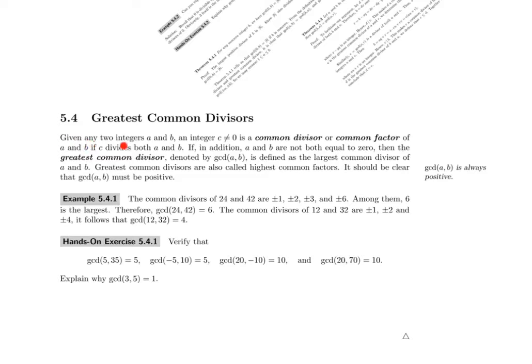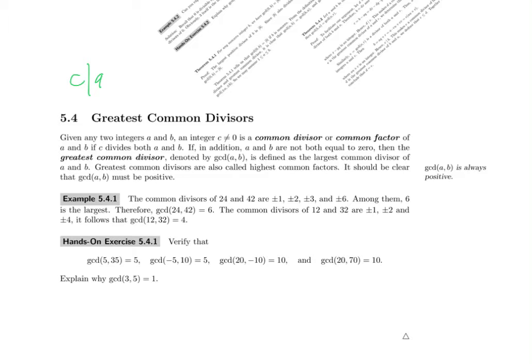Given any two integers a and b, a non-zero integer c is a common divisor or common factor of a and b if c divides both a and b. Now remember what c divides a and c divides b means.